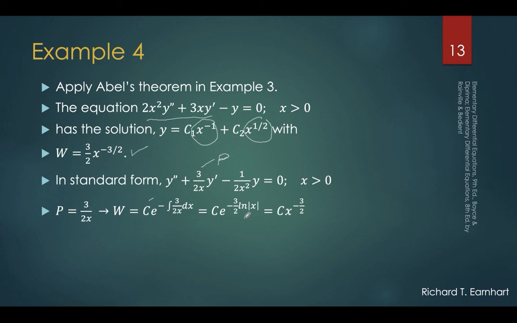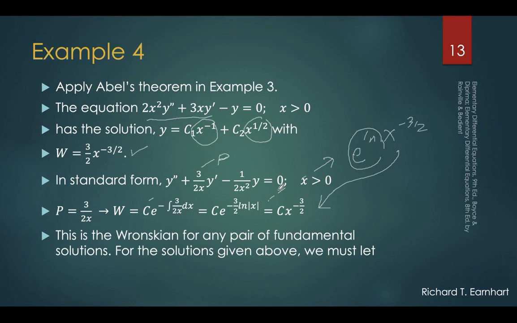This is actually e to the ln of x raised to negative 3/2. And since we have e to the ln, that can be simplified into only x raised to negative 3/2. And this is the Wronskian for any pair of fundamental solutions.